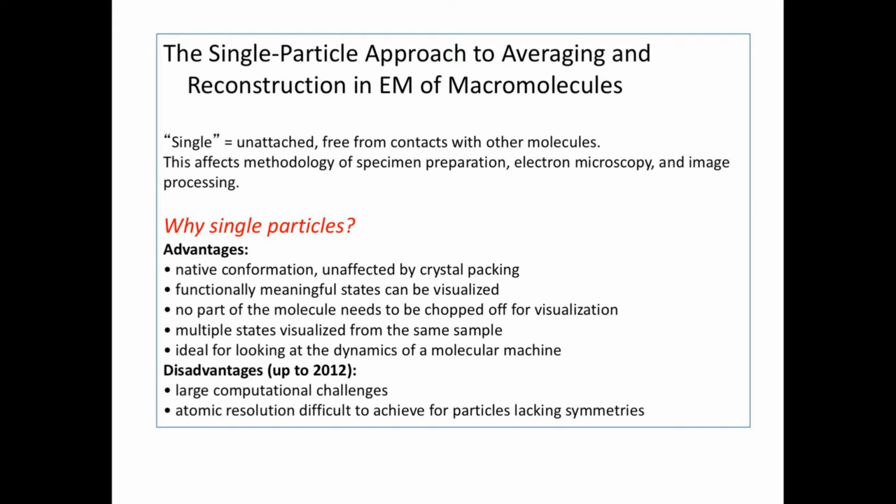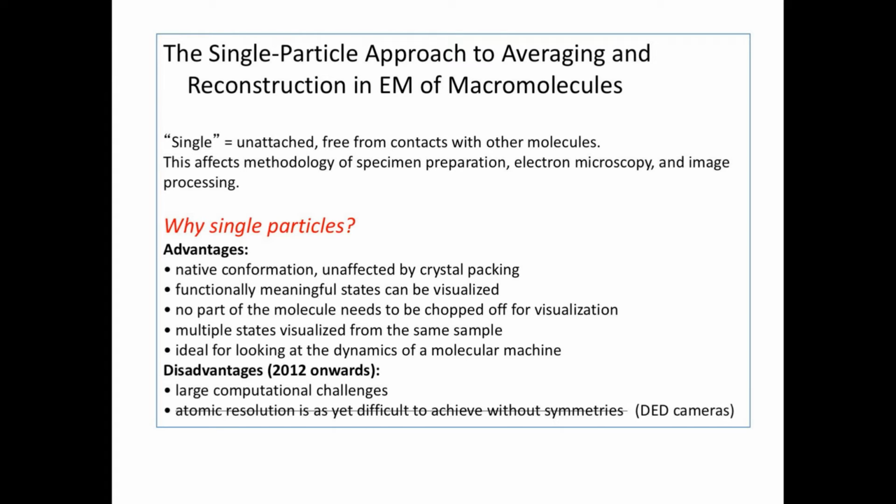But a disadvantage: up to 2012, there were large computational challenges. Atomic resolution was difficult to achieve for particles lacking symmetries, and we were stuck at something like 5 angstroms, and it was very difficult to go beyond this point.